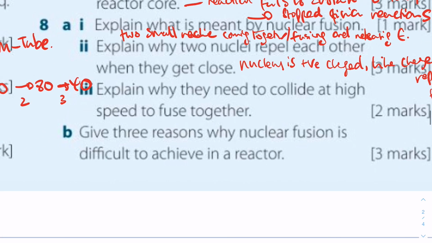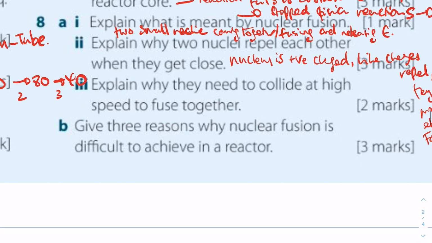Explain why they need to collide at high speed to fuse together. Well, because they are repelling each other. I'll put electrostatic repulsion increases as distance between them decreases.